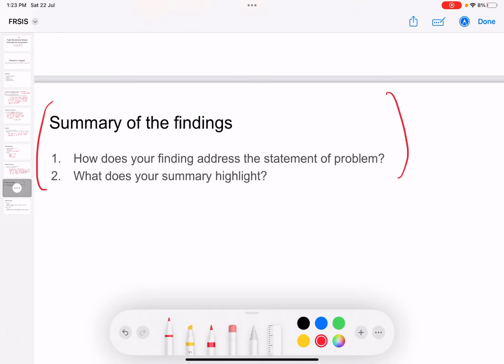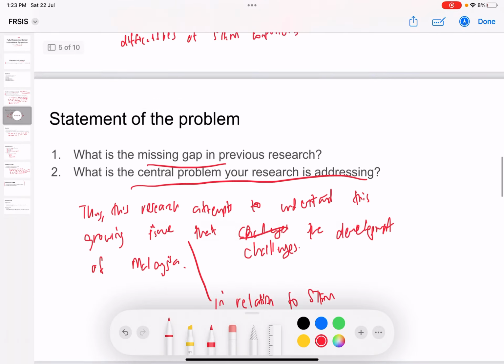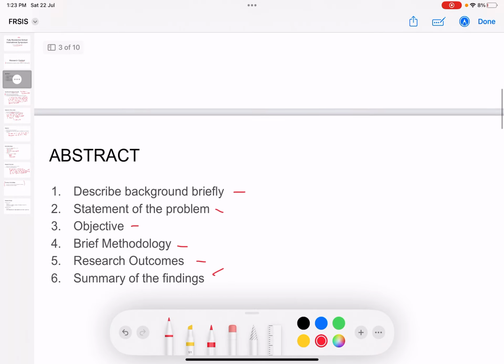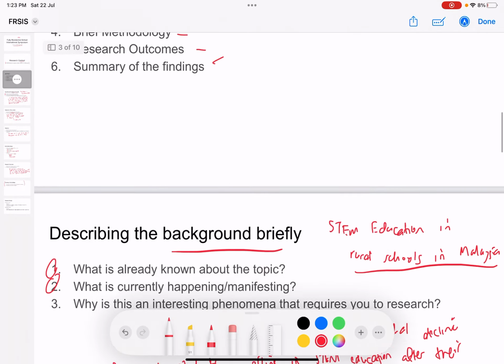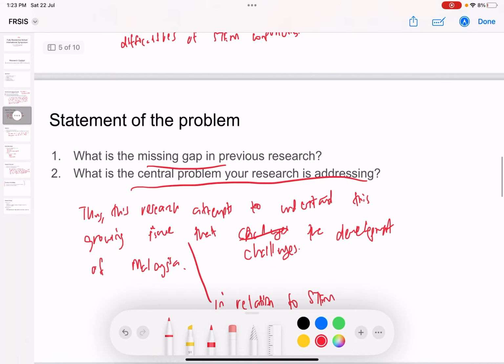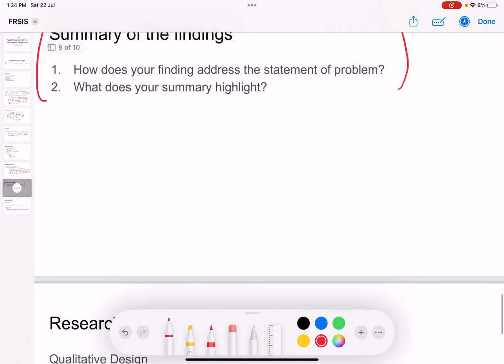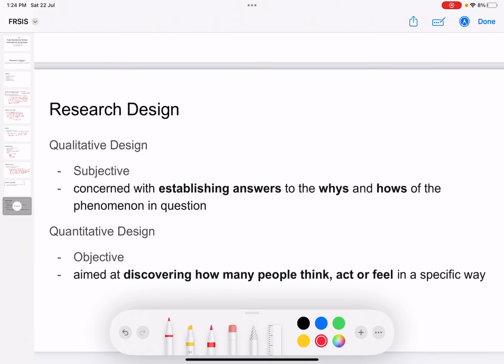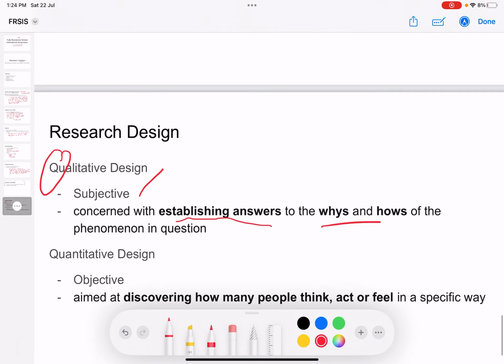Again, what we are doing right now is something very fast and very quick, and I'm not going in depth for each component, but this sort of gives you an idea on how you can write your entire abstract. Again, this is another slide which we will not be looking at today, but since we're already here, for the research design, most students will go for a qualitative design, which is subjective, and here is where you're establishing answers to the whys and hows of the research, okay.